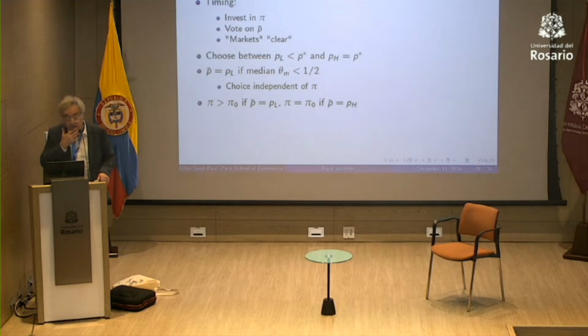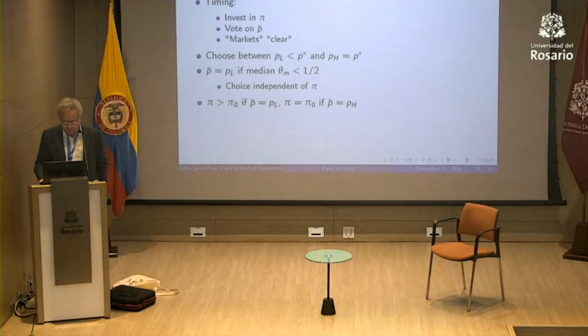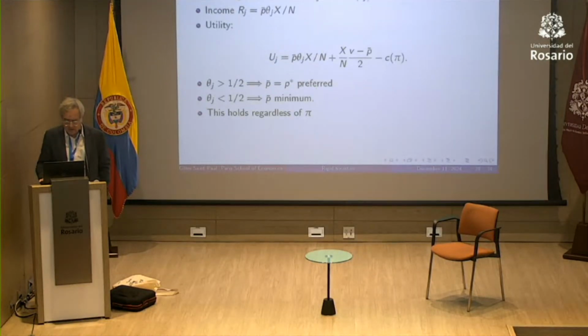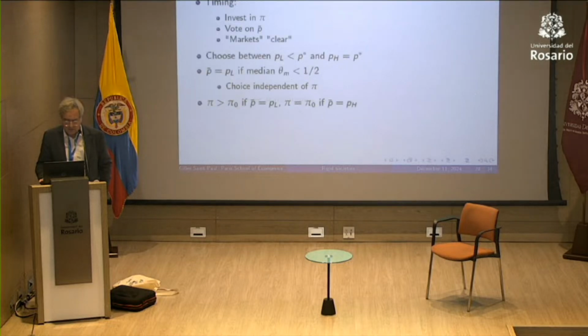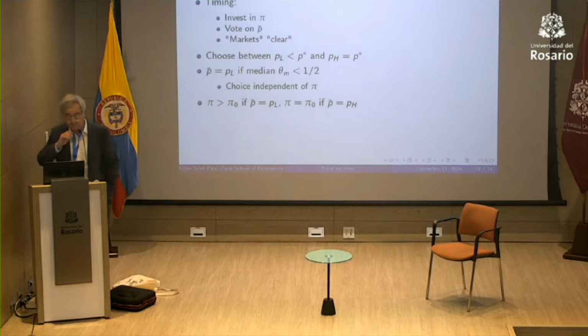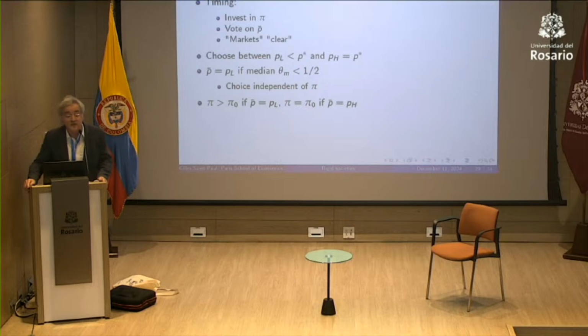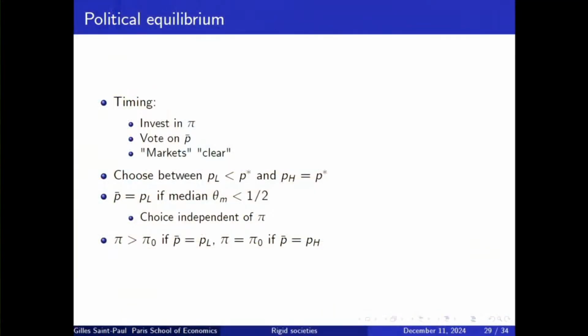Okay, so then we can have a political equilibrium. Okay. So I'm going to assume that people choose between two societies: a rigid society where the price P bar is equal to some PL, and a flexible society where it's equal to the market clearing price.